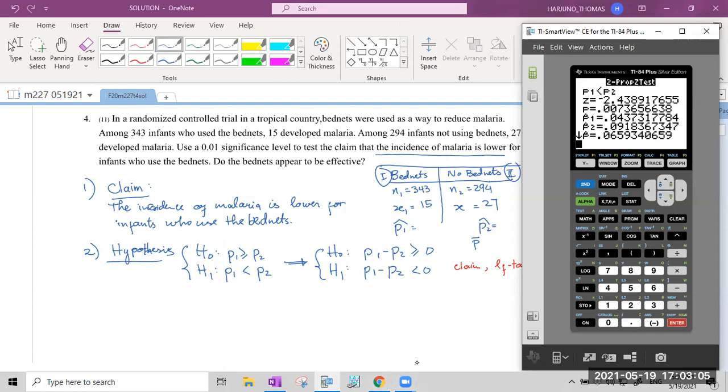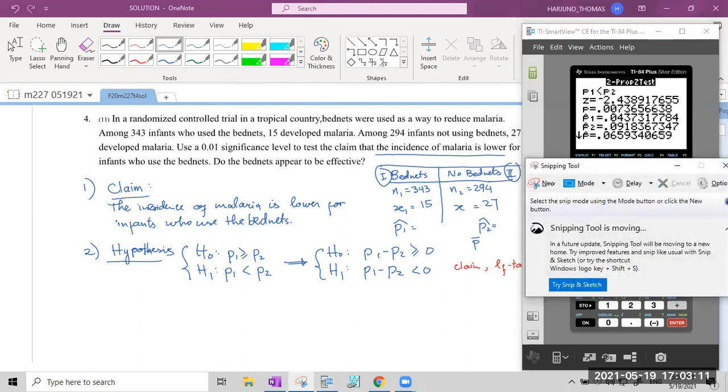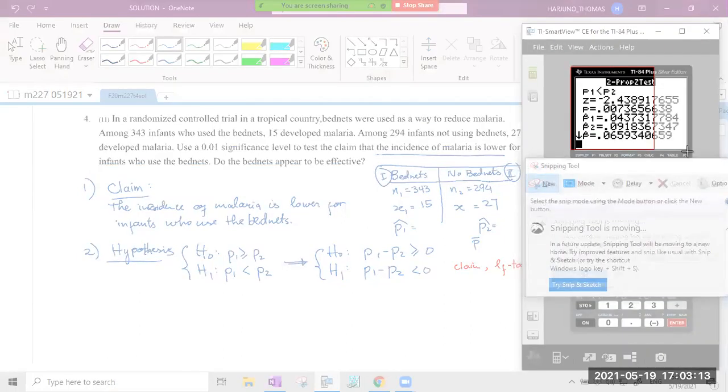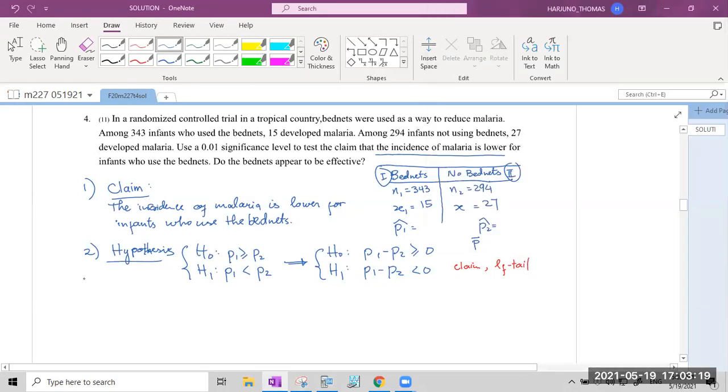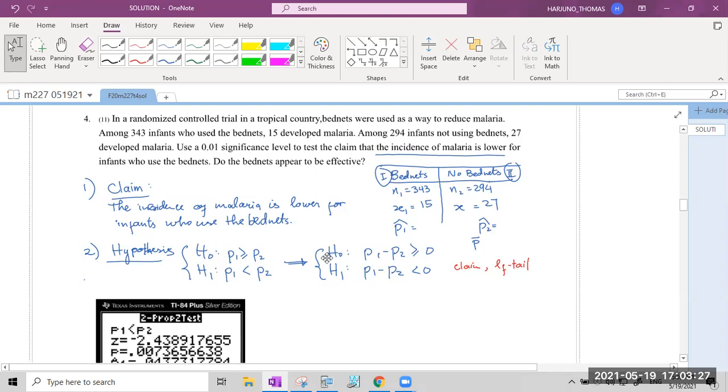Okay, that's our number. Let me screenshot that and put it somewhere so that I don't need to keep going back to my calculator view. Let me put it here.